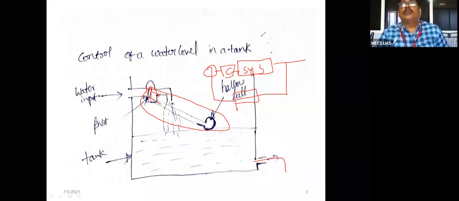Even if you observe in some apartments, for example, 300 houses or 500 houses, families are living in one big apartment. There, for example, water tanks are there. The security person, the watchman, will operate the motor. He has to switch on the motor, and when the water reaches the top level of the tank, then again he has to switch off the motor.